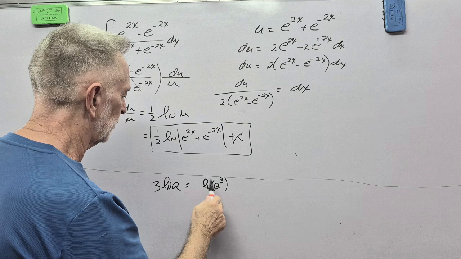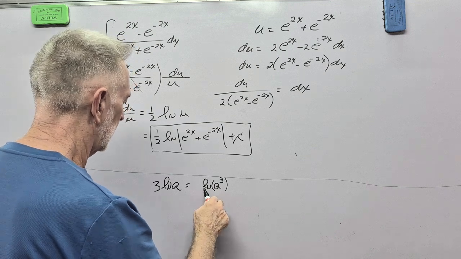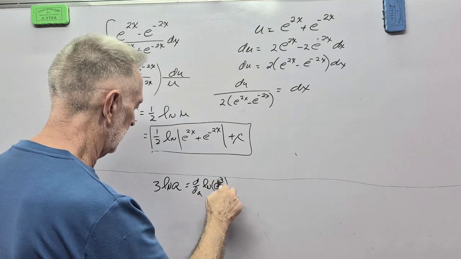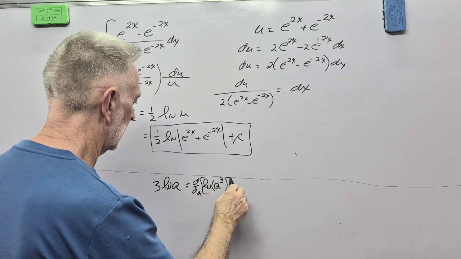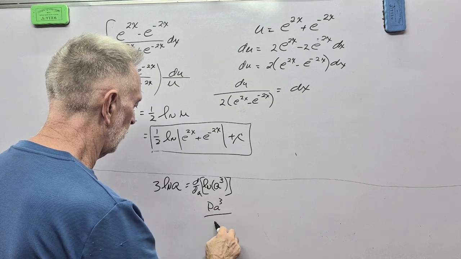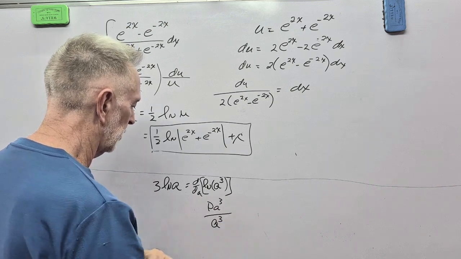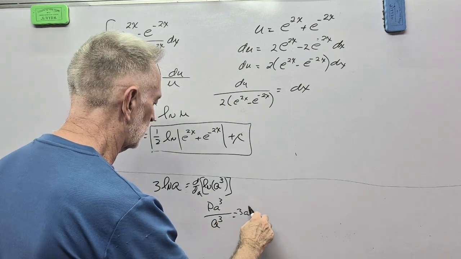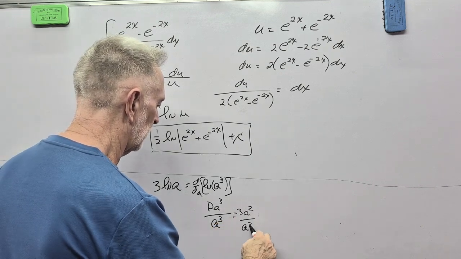And then when I take the derivative of this with respect to a, I have the derivative of a cubed over a cubed, so I would have 3a squared over a cubed.